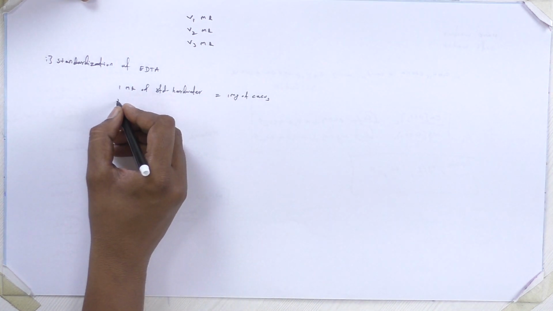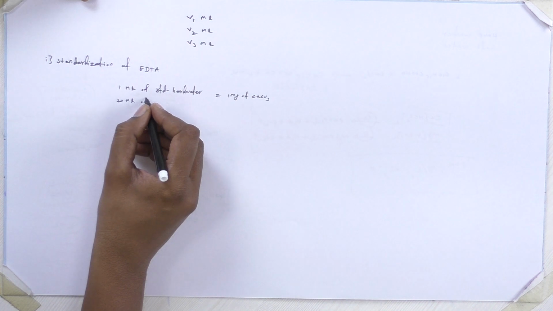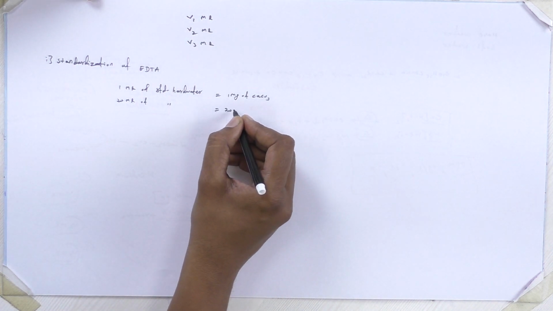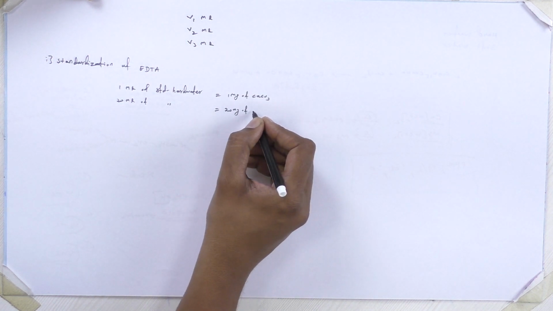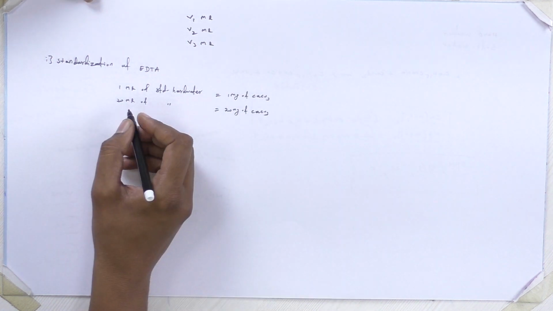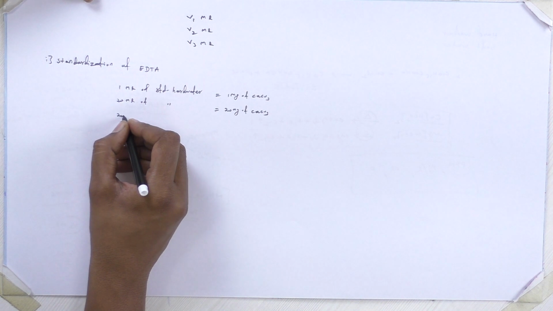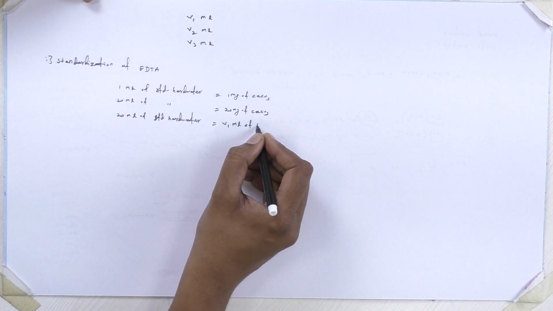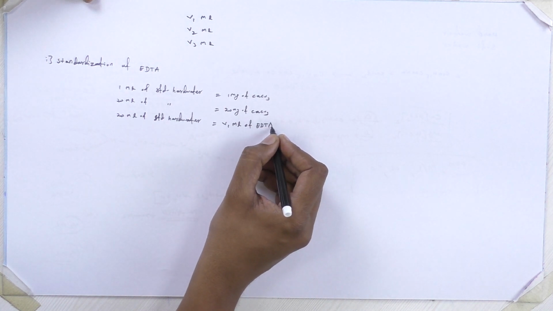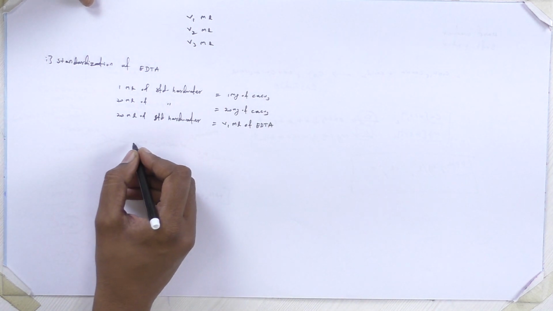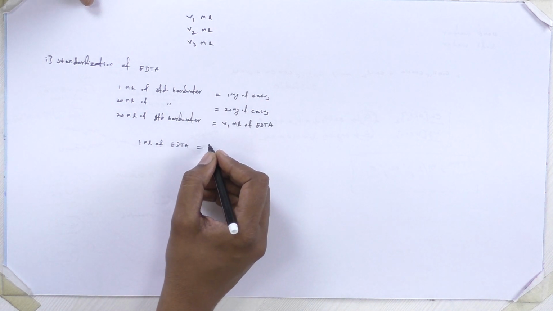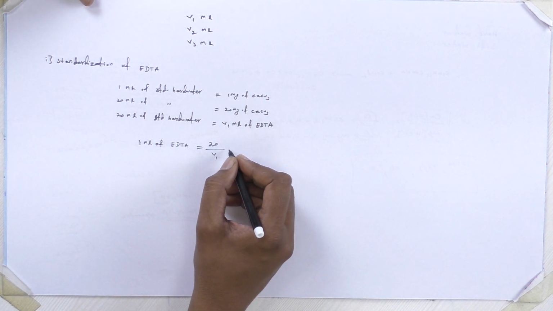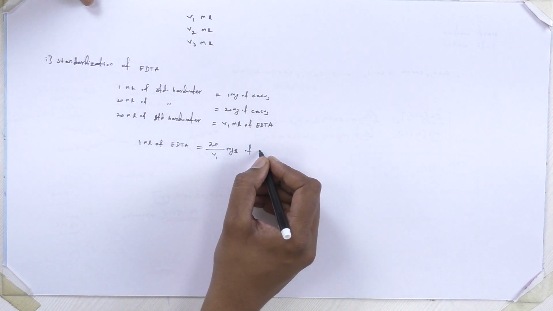So 20 ml of standard hard water consumes 20 milligram of calcium carbonate. So 20 ml of hard water consumes V1 ml of EDTA. So 1 ml of EDTA is equal to 20 divided by V1 milligram of calcium carbonate.